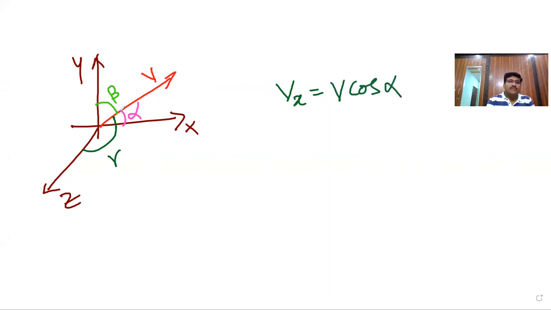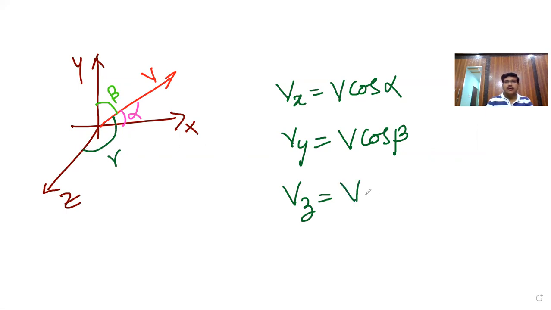Similarly, beta is the angle made by v with the y-axis, so the component along the y-axis is v cos beta. Similarly, the component along the z-axis: the velocity vector makes gamma angle with the z-axis, so the component is v cos gamma.